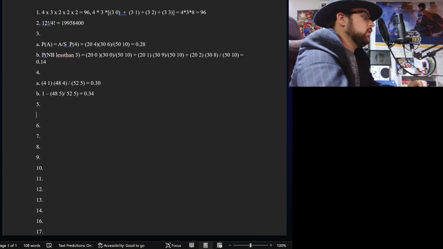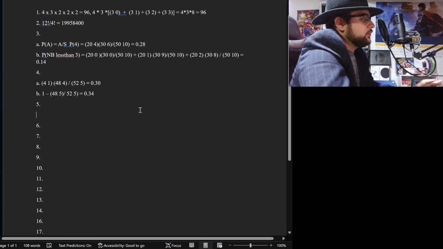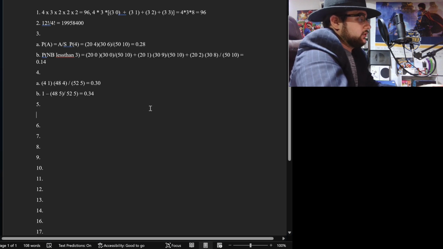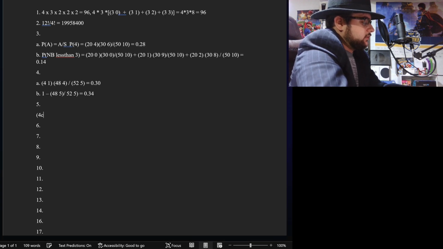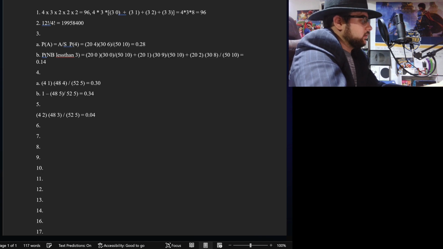So this is a 2-part question, right? It's asking 2 different things. We have to do what we already know first. So we already know this: C(4,2) times C(48,3) over C(52,5) equals 0.04 approximation.